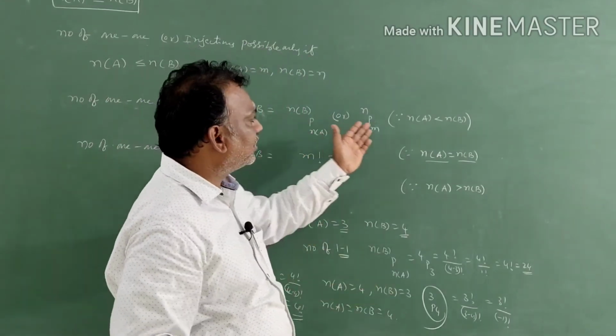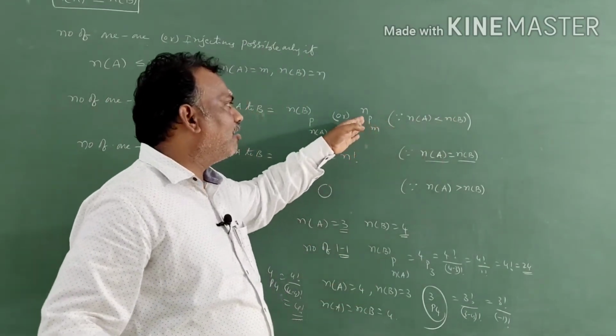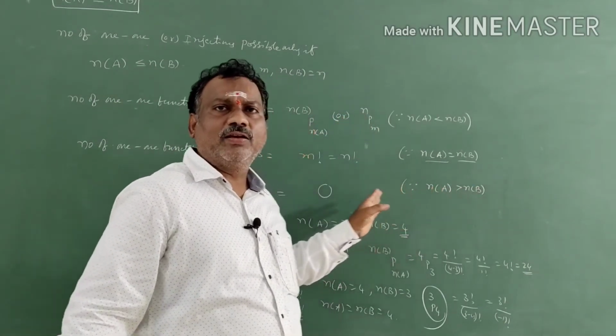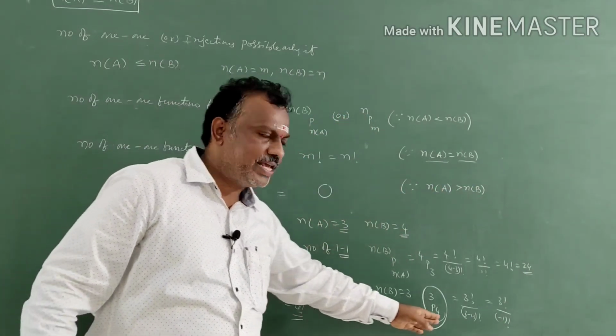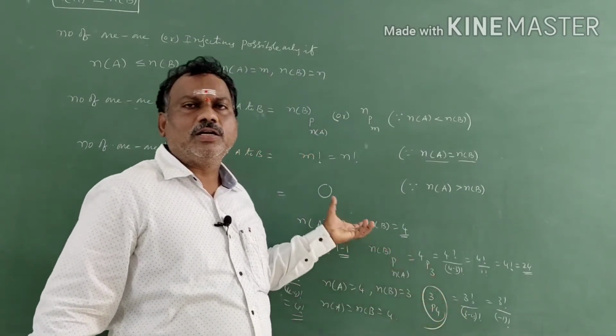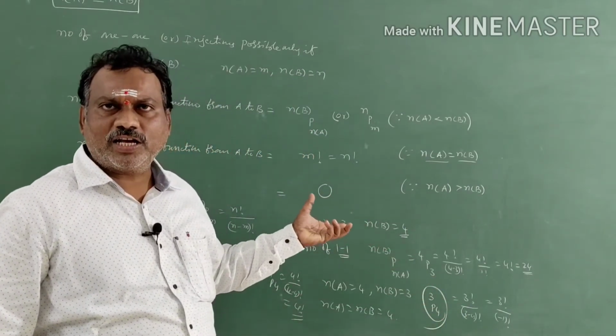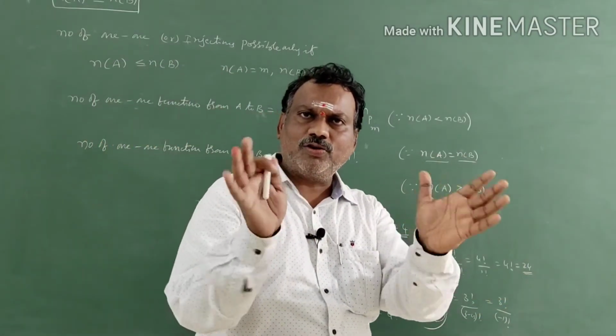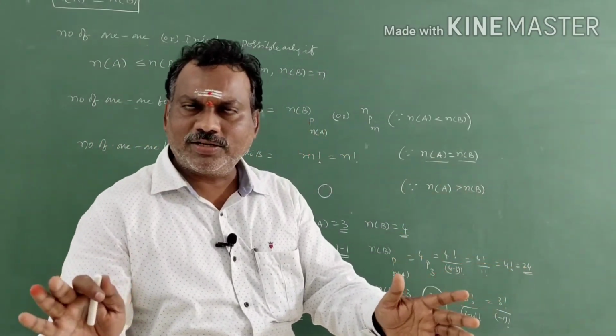Suppose n(A) is smaller than n(B), you have to apply this formula. If n(A) is more than n(B), the answer is 0, not possible here. Not possible means 0 one-one functions, so there is no function. Clear, students?